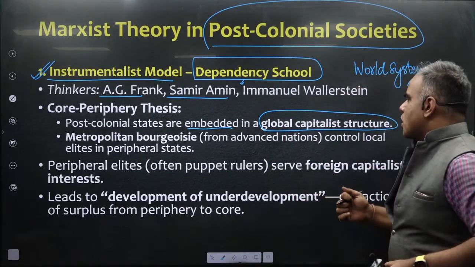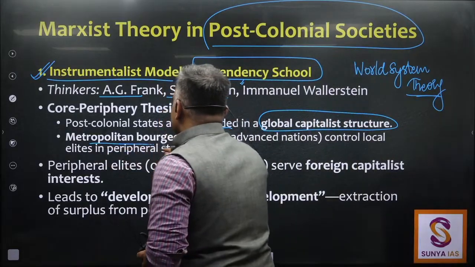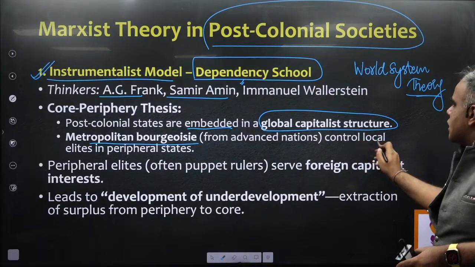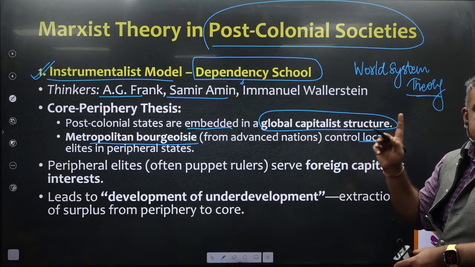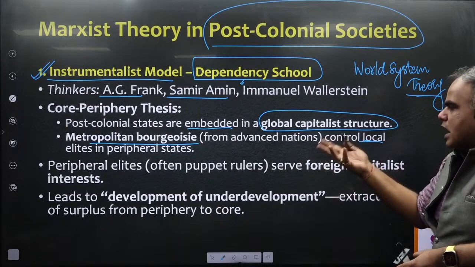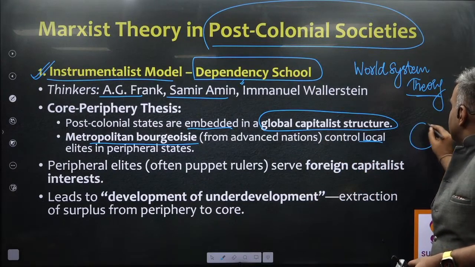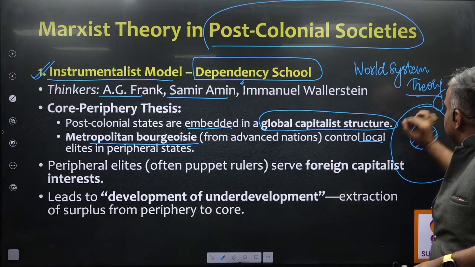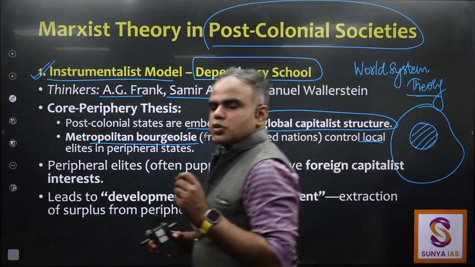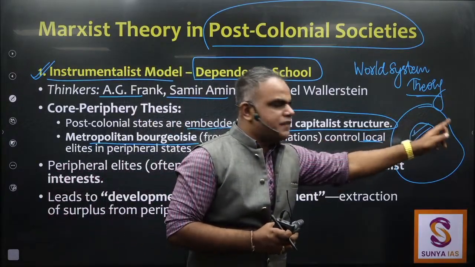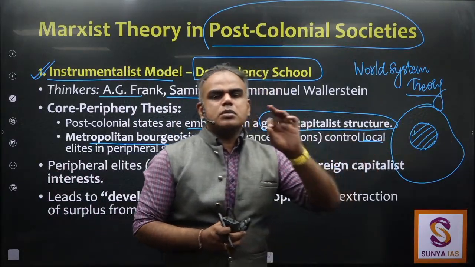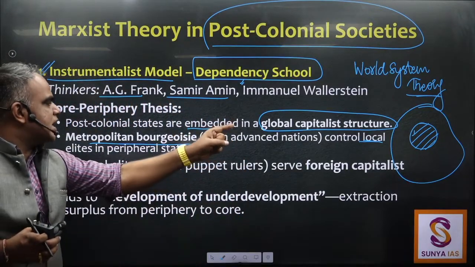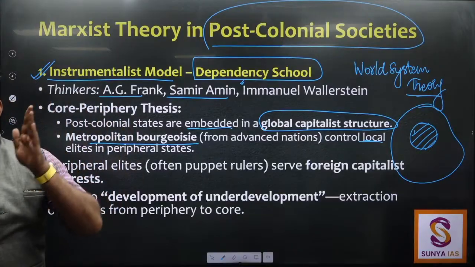So metropolitan bourgeois from developed nations control the local elites in peripheral states. The terms used here are core, which is the developed nations, very rich, and then there are peripheries. The development that is happening in the periphery also leads to underdevelopment, because inequalities are rising there too. Which is why it is said development of underdevelopment.